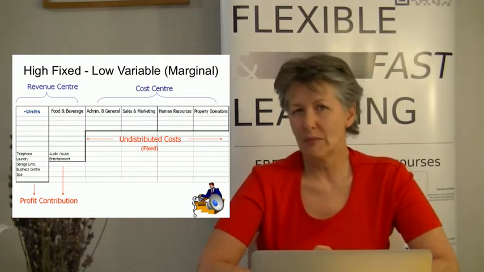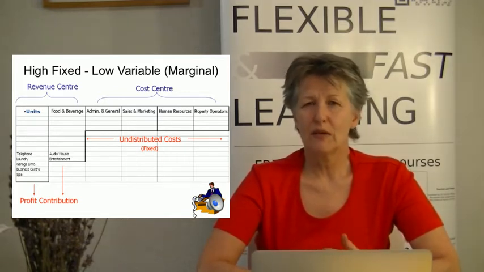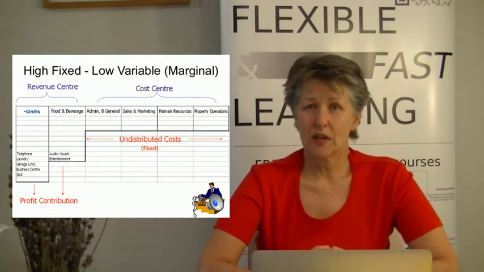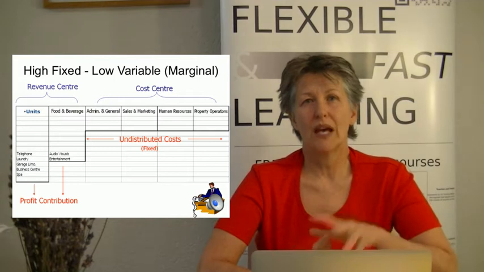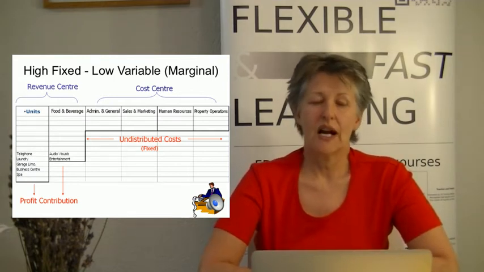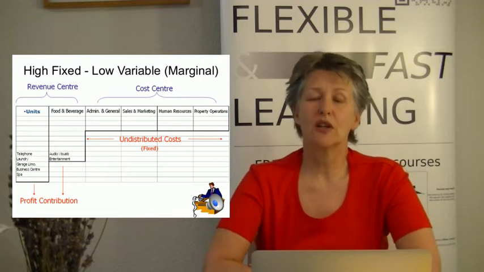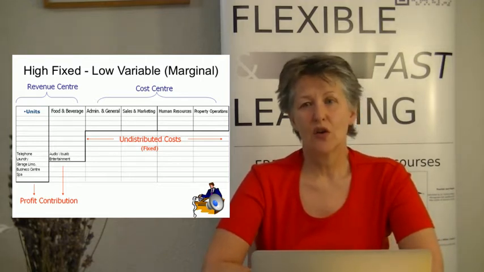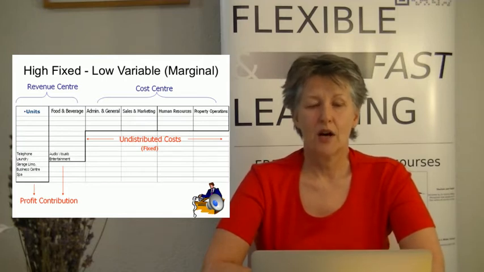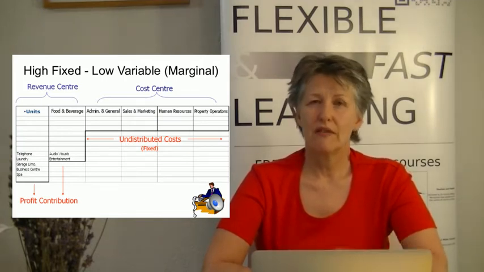property operations and maintenance. It's very important to keep all of these cost centres separate, but we have a general term for those and we call those our undistributed costs. The reason why they're called undistributed costs is because the costs are not assigned or shared by the revenue centres.